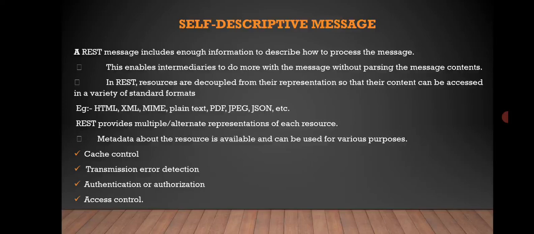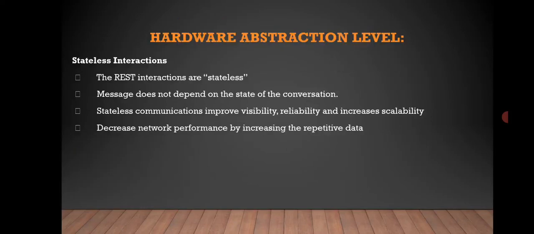In REST, the resources are decoupled from their representation so that their content can be accessed in a variety of standard formats: HTML, XML, MIME, plain text, PDF, JPEG, JSON, etc. REST provides multiple alternate representations of each resource. Metadata about the resource is available and can be used for various purposes: cache control, transmission error detection, authentication or authorization, and access control.